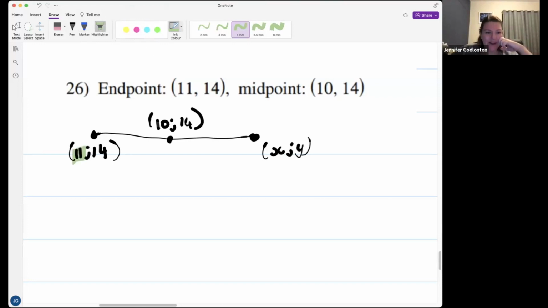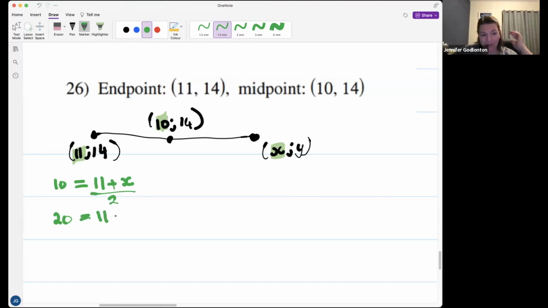Okay, so I'm going to start with my x values over here. And I'm going to say 10 is equal to 11 plus x over 2, which means 20 equals 11 plus x. And so x is equal to 9. Cool. So we have that value over there. Now let's look at our y's.